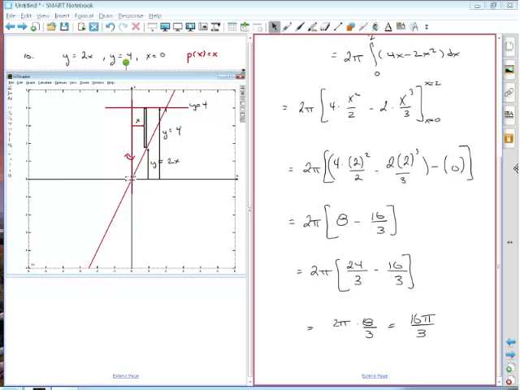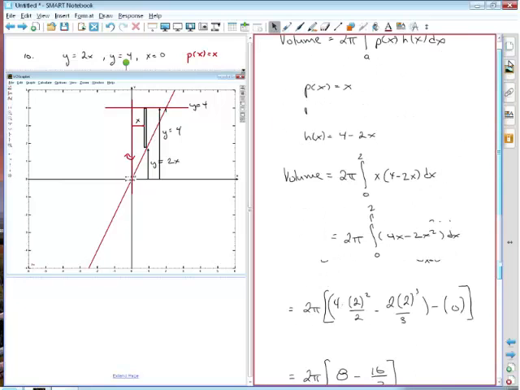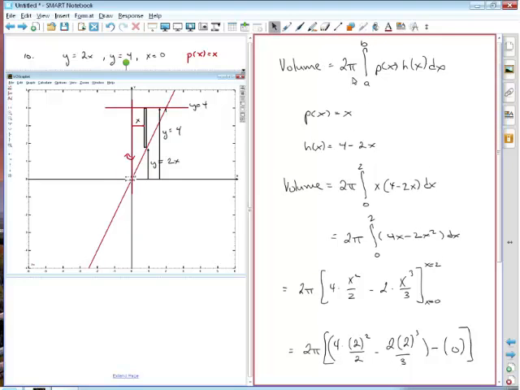So then if we go back over to the other page, the volume of a surface of revolution using the shell method around a vertical axis is 2 pi, the integral from a to b, these are x limits, of p of x, h of x dx. P of x is x. H of x is 4 minus 2x.